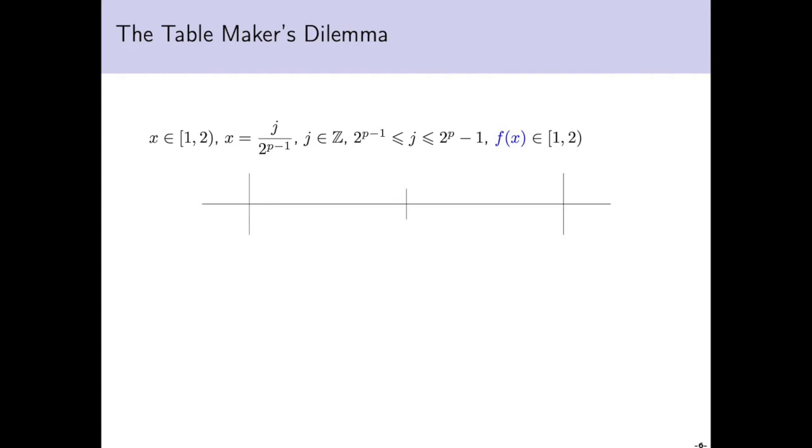So I will work on [1, 2], okay, and I will work also with a function whose values lie in [1, 2], okay, and x is a floating point number. It has this form. So here I have one floating point number.